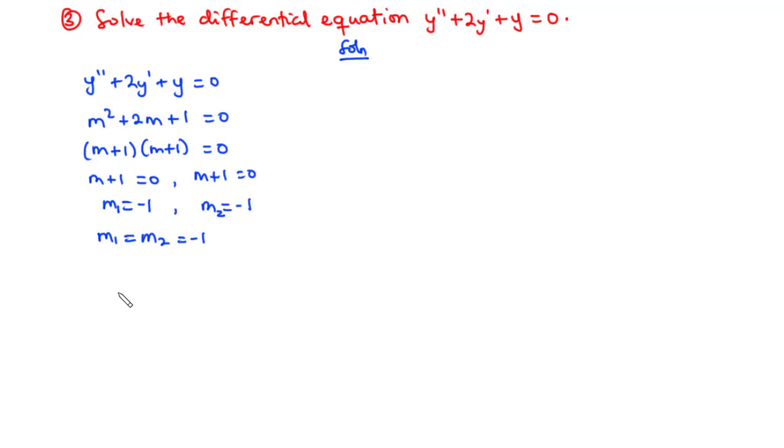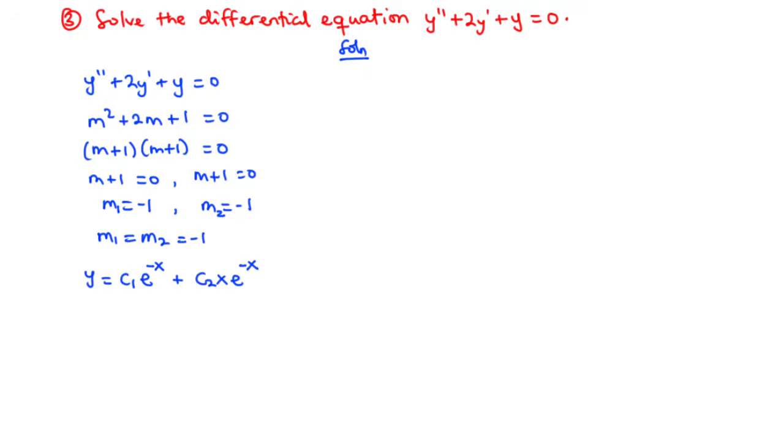So the roots are real and equal. So the general solution is given by y equals c1 times e to the power negative x plus c2 times x times e to the power negative x. This is the general solution to this differential equation.